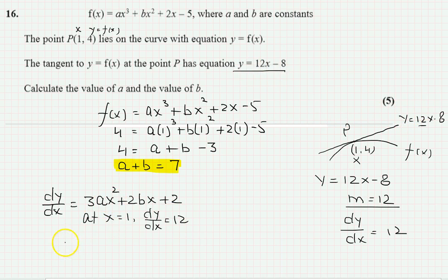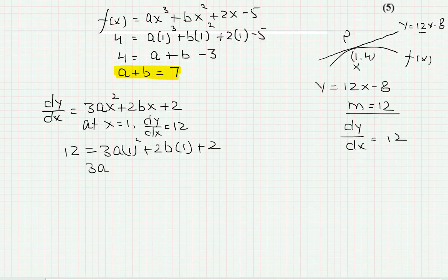So we put dy over dx 12 and x is equal to 1 is 3a 1 square plus 2b 1 plus 2. So this is 3a plus 2b, 12 minus 2 is 10. So now we have got second equation.